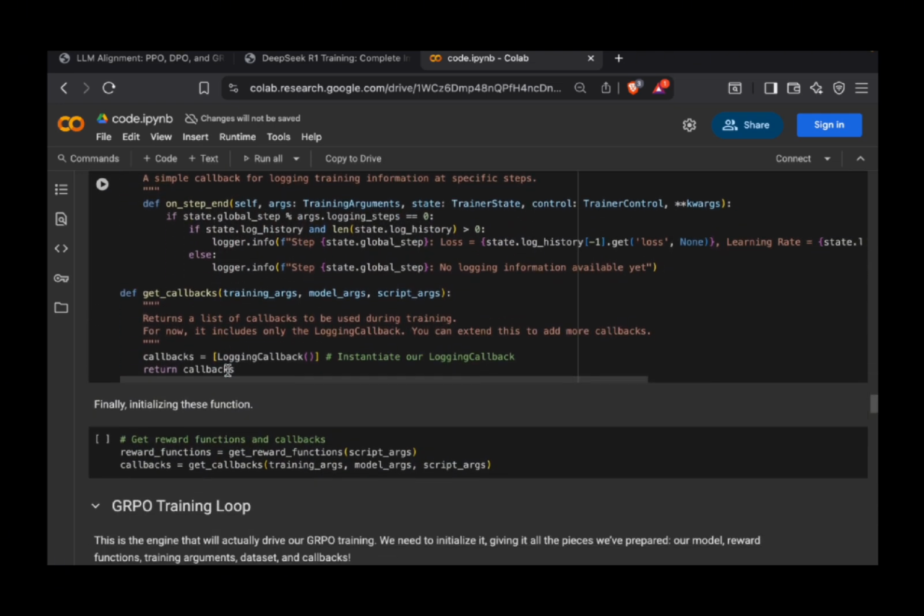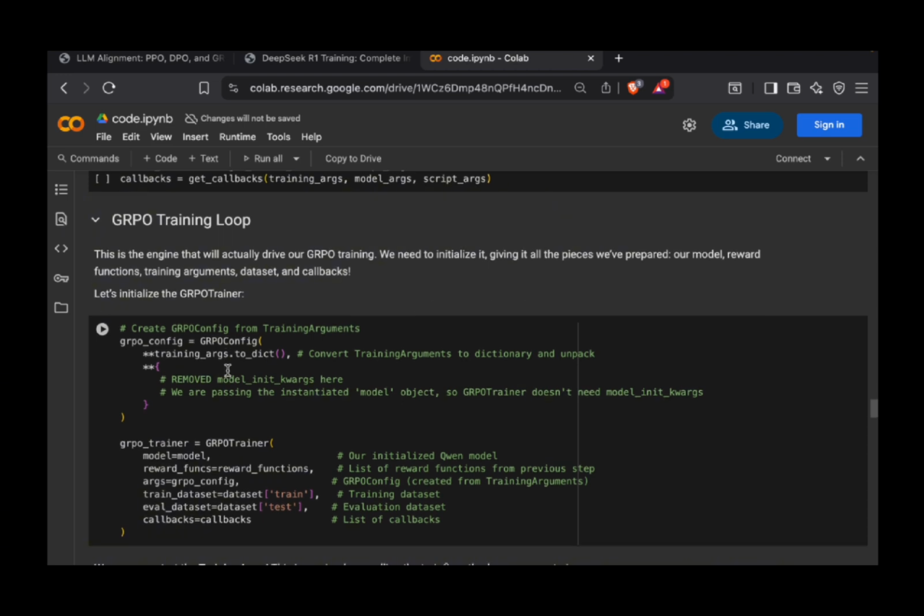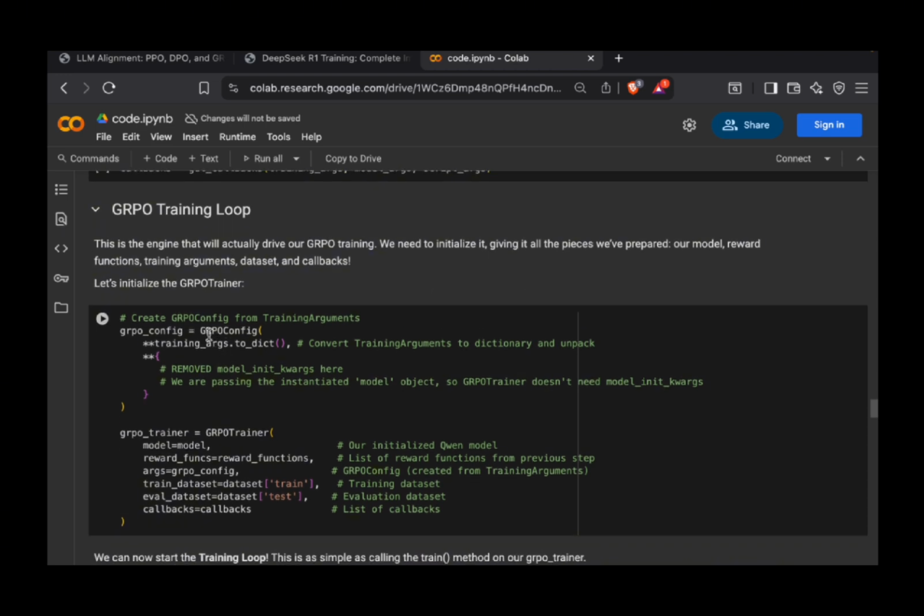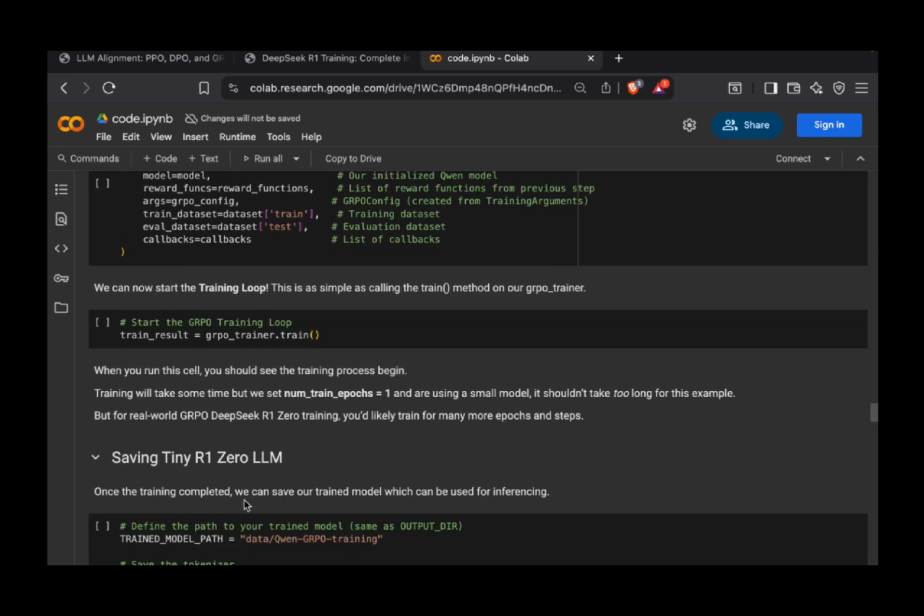And then on the GRPO config and GRPO trainer, we give the model, we give the reward functions and GRPO config and a bunch of configs, and the training and evaluation dataset.